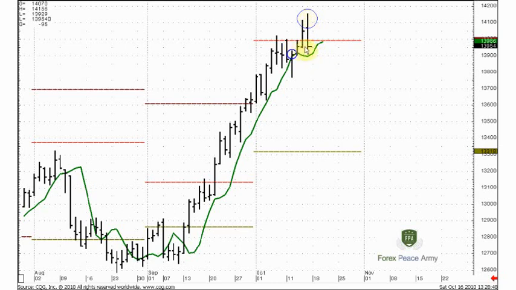So during the Thursday and Friday price action, market has shown the nice wash and rinse pattern that has cleared out these highs and cleared out the stops that had been placed just above this area.